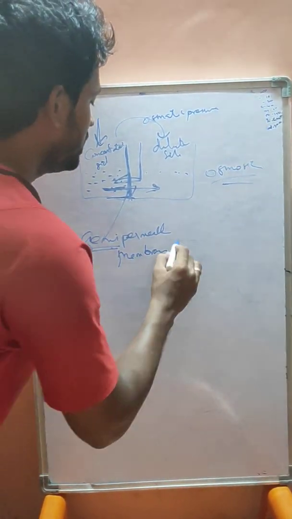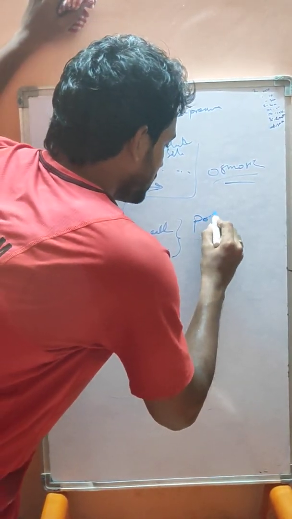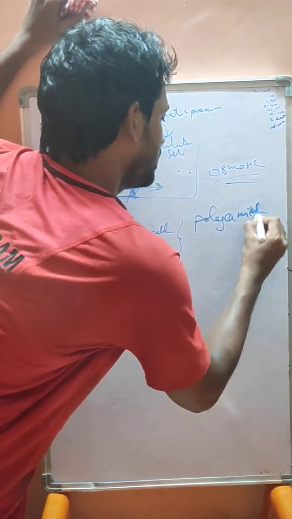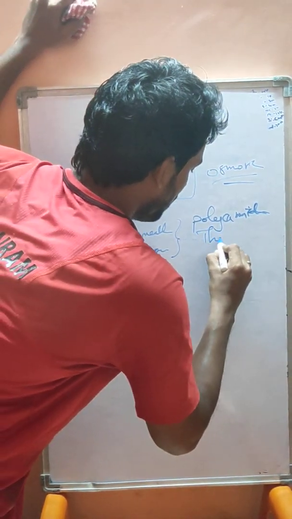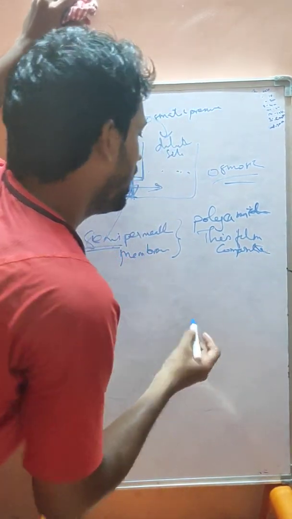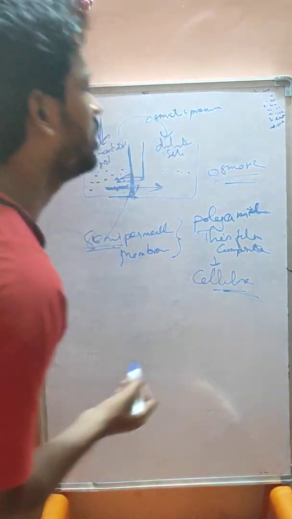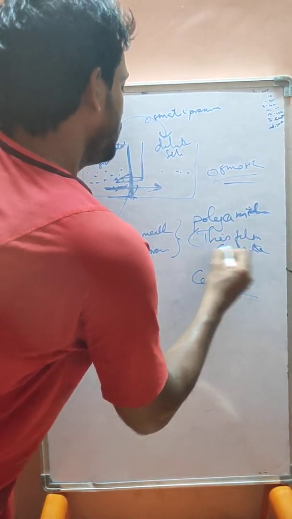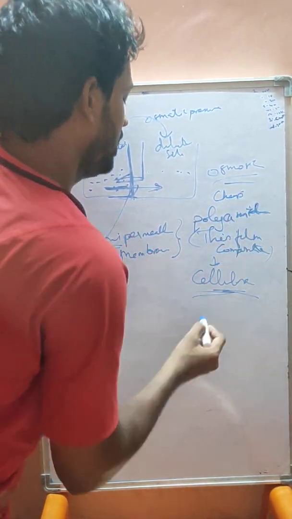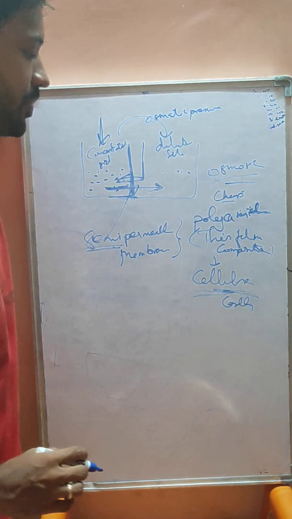Okay. While we're talking about semi-permeable membranes, there are two types. The most commonly used one is polyamide, which is also called thin film composite. And the next one is cellulose. The polyamide or thin film composite is costly compared to this one; the cellulose is less costly.